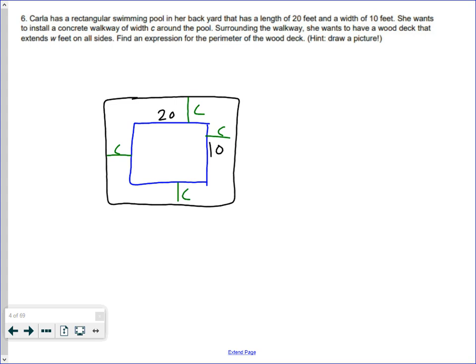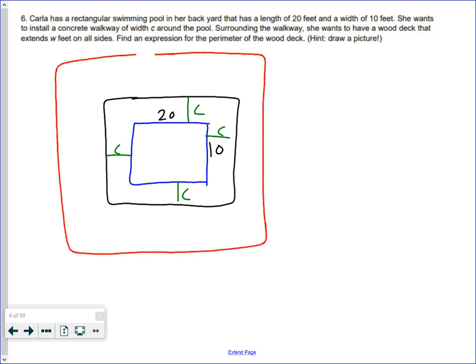Next, surrounding the walkway, she wants to have a wooden deck that extends W feet on all sides. So on top of the concrete walkway, she also wants a wooden deck. And that's going to extend W feet on all sides.